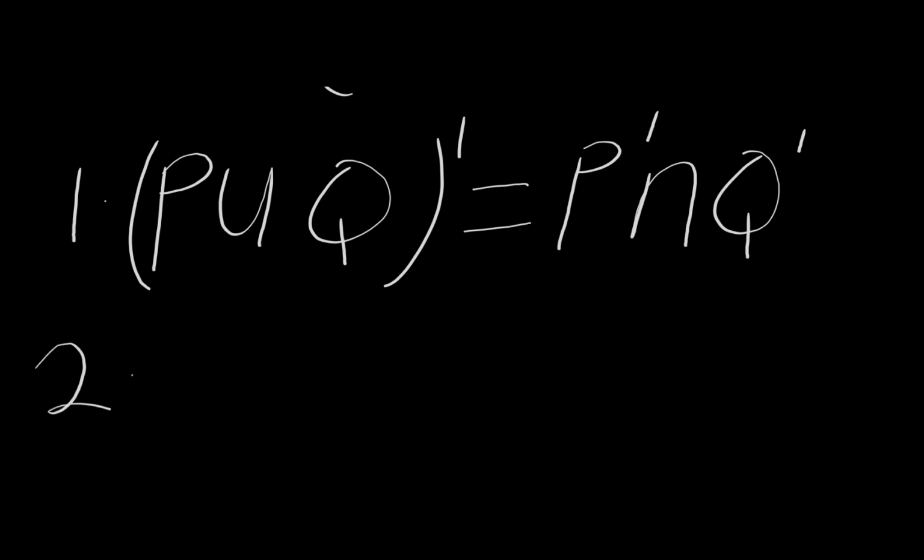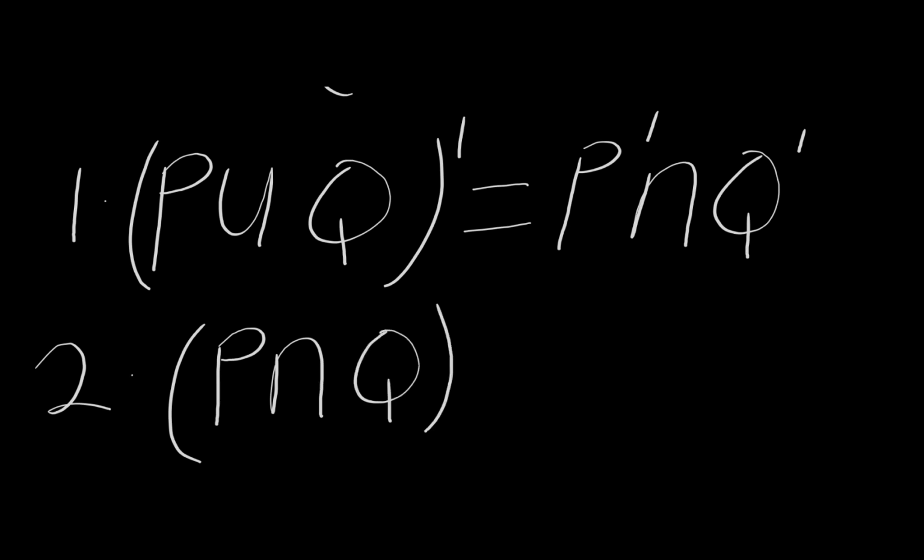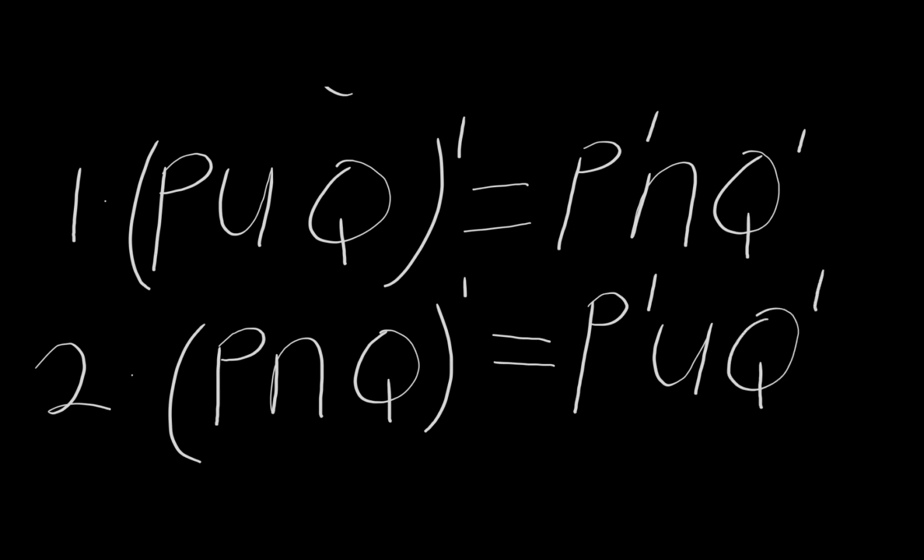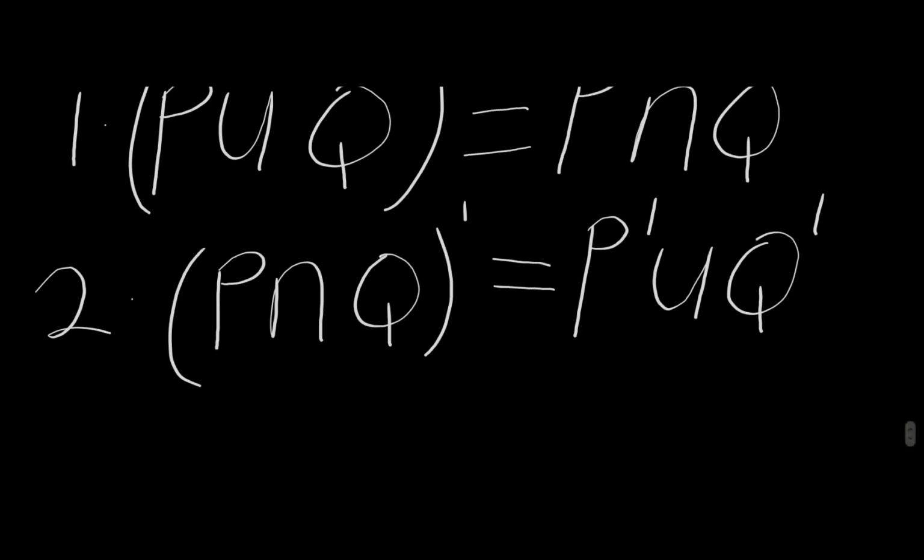And 2, show that (P intersection Q) all prime is equal to P prime union Q prime. And in each of the cases, state the law that is being used.